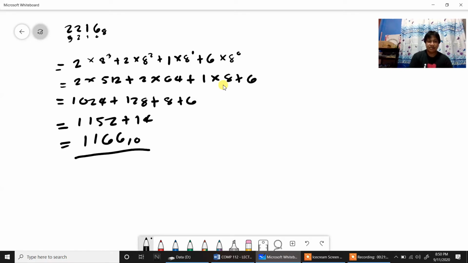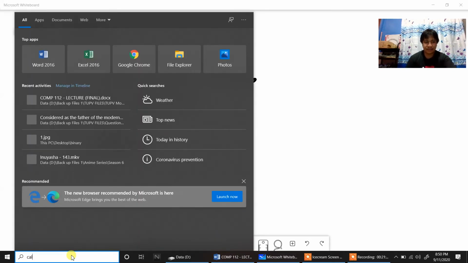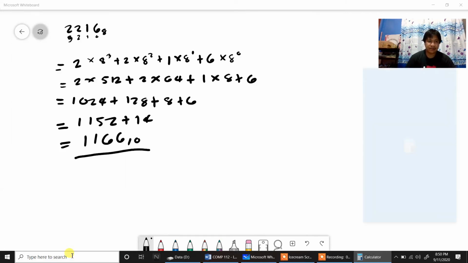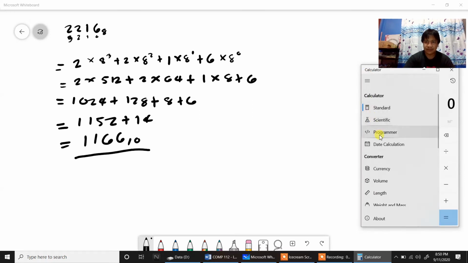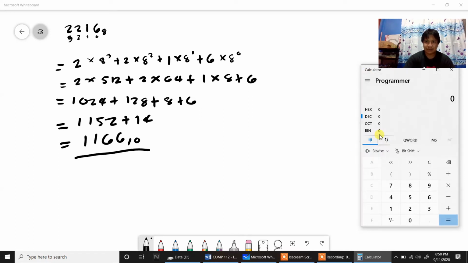Okay, so if you want to check if this base 10 is equal to the octal value of base 8, you can check your calculator on your computer. Try to shift your standard to programmer.